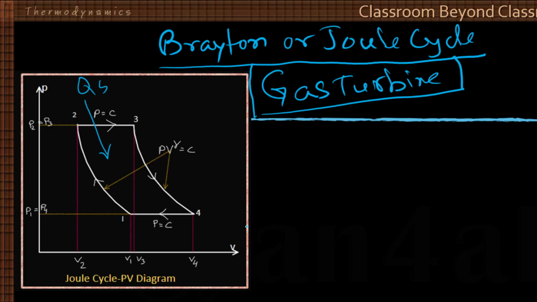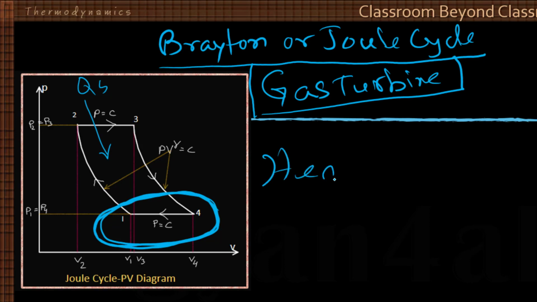So what is the difference? Only difference with other cycles is what? Someone tell from this. I will not tell it to you; you yourself can tell. Heat is rejected at constant pressure. Excellent.